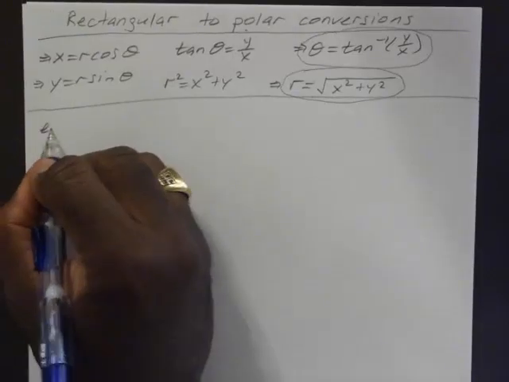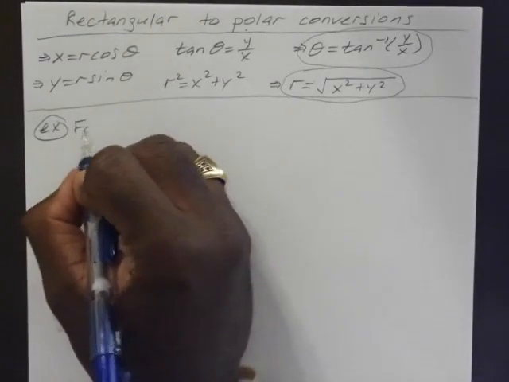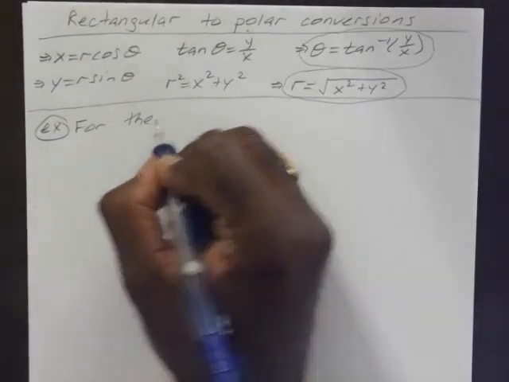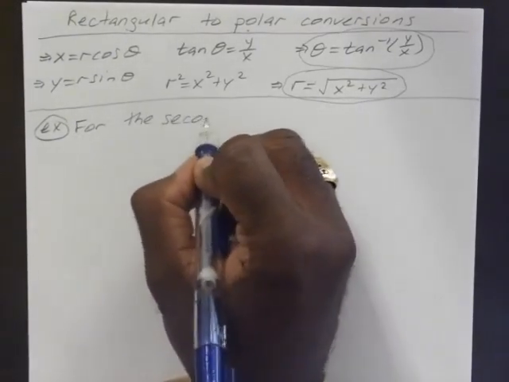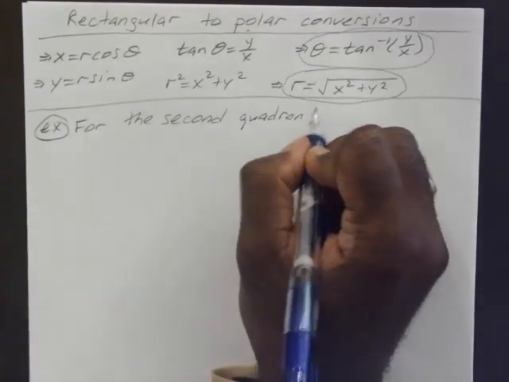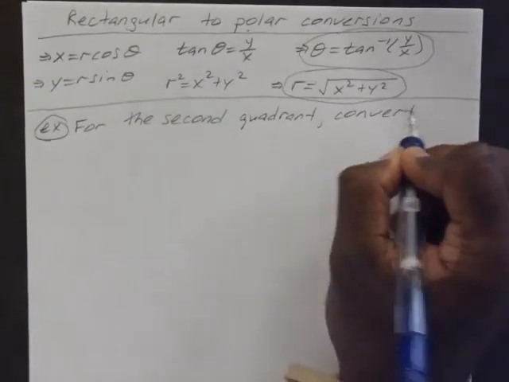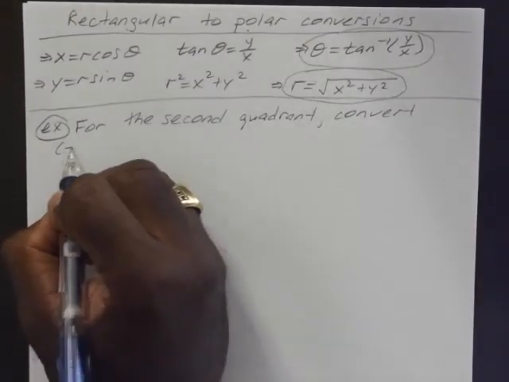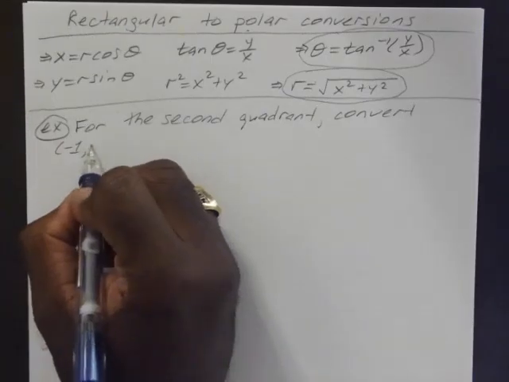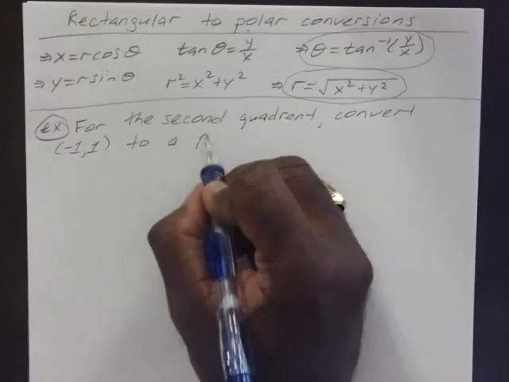Okay, so let's say, for example, for the second quadrant, convert the rectangular coordinates -1, 1 to a polar coordinate.